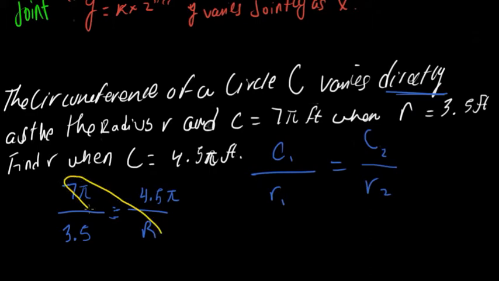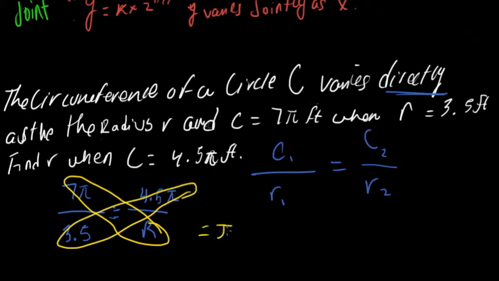If we do our cross product multiplication here, we get 7 pi r is equal to 4.5 pi times 3.5, and we'll get 15.75 pi. Now we want to solve for r, so let's divide both sides by 7 pi.